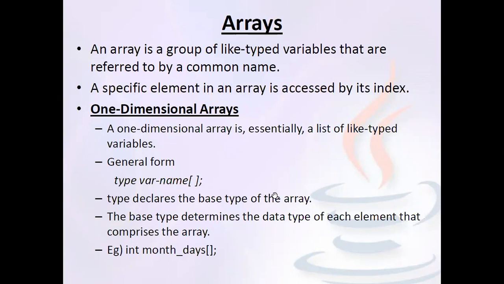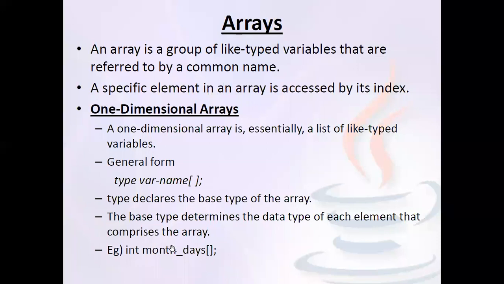Type declares the base type of the array. The base type determines the data type of each of the elements that comprise the array.